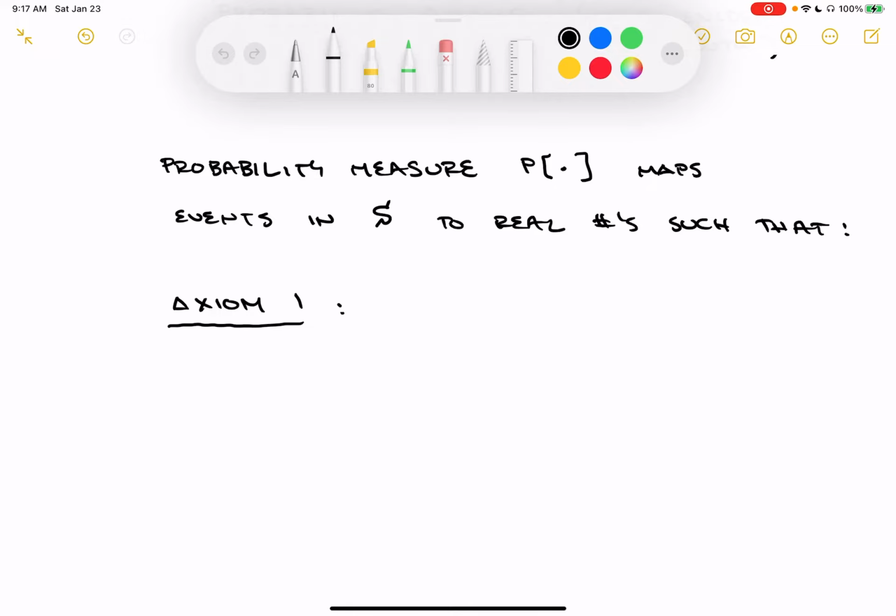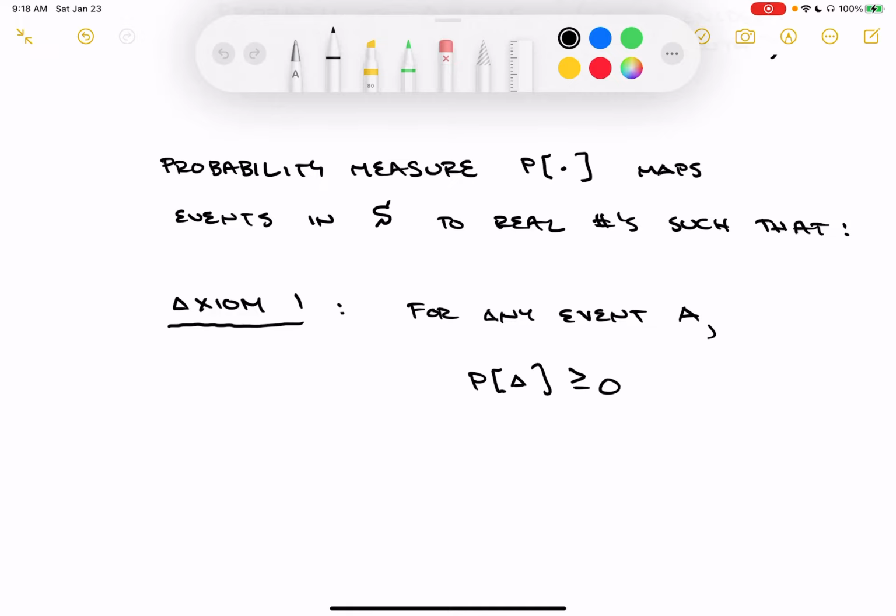The first axiom says something like this. For any event A, the probability of A has to be greater than or equal to 0. Negative probabilities are meaningless. That's what the first axiom says.